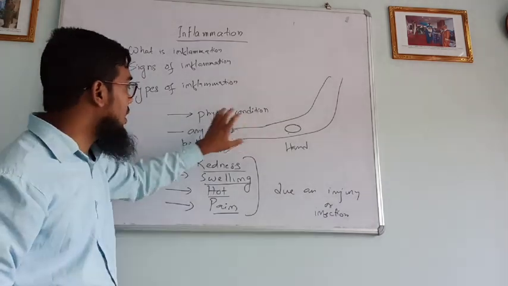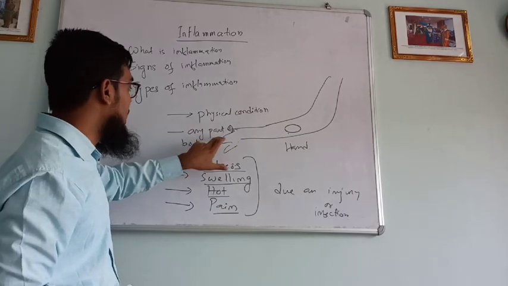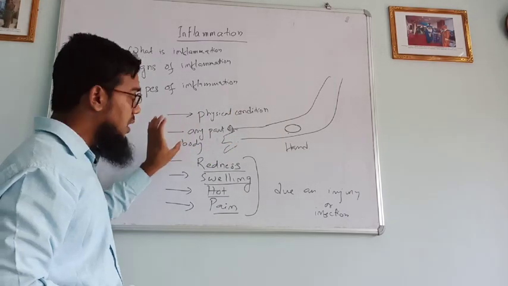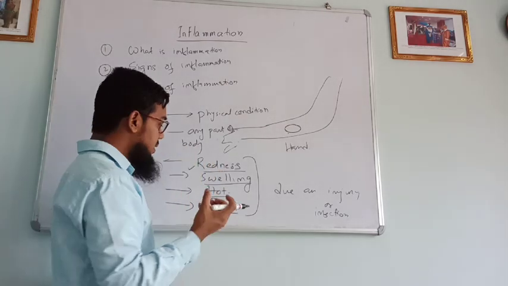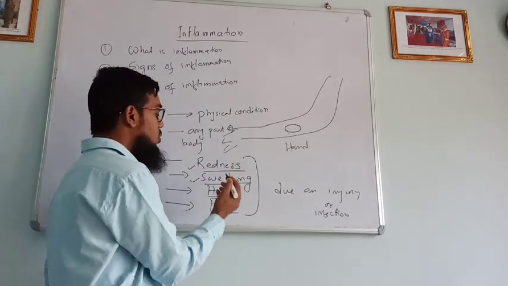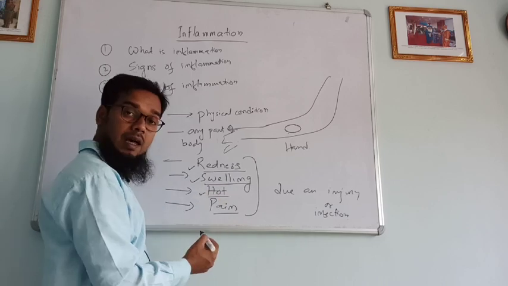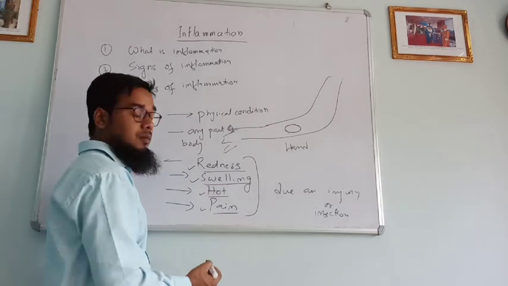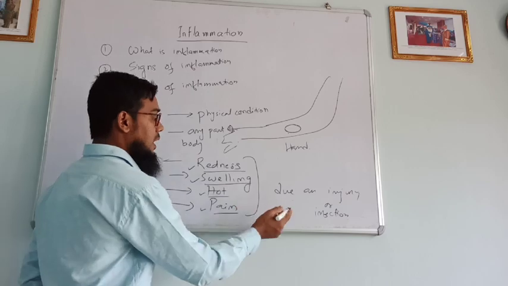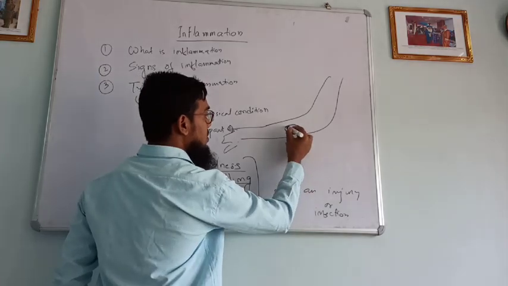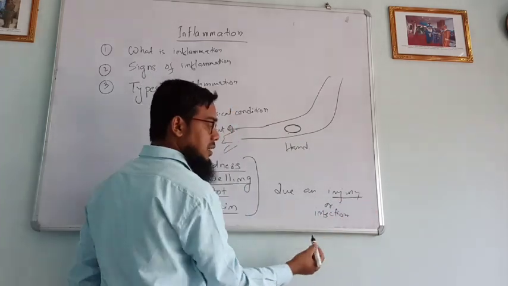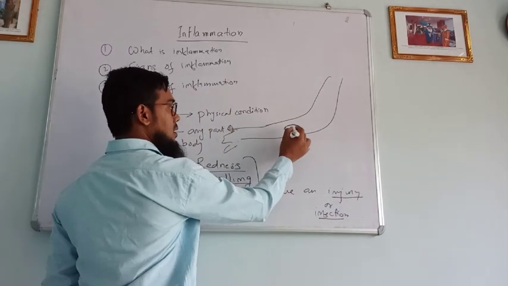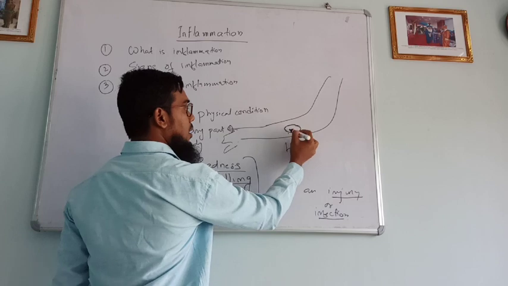Inflammation is a physical condition which happens in any part of our body, and what will happen? It will become red, swelling will be there, hot will be there, and you will feel pain. For example, this is a part of our body, our hand. If any injury or any infection occurs in this part, then what happens?